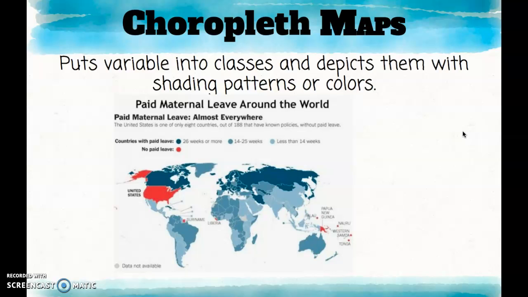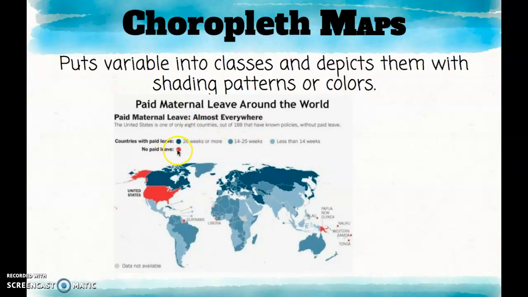And what this does is it puts whatever geographic variable we're looking at into certain classes, right? So you can see in this map, the cartographer has decided that countries that give 26 weeks or more of paid maternity leave are darkest blue. Countries that give somewhere between 14 to 25 weeks of paid maternity leave are that middle shade, and countries with less than 14 weeks of paid maternity leave are in the lightest blue.